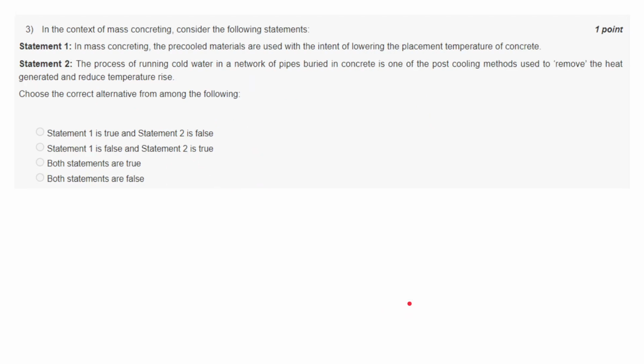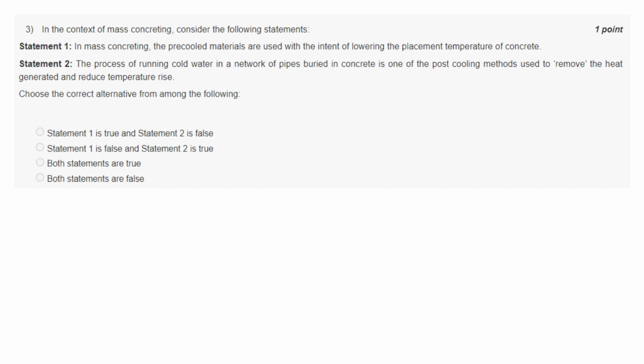Okay, then third question, in the context of mass concreting, consider the following statements. In mass concreting, pre-cooled materials are used with the intent of lowering the placement temperature of concrete. And statement 2, the process of running cold water in a network of pipes buried in concrete is one of the post-cooling methods used to remove the heat generated and reduce temperature rise.